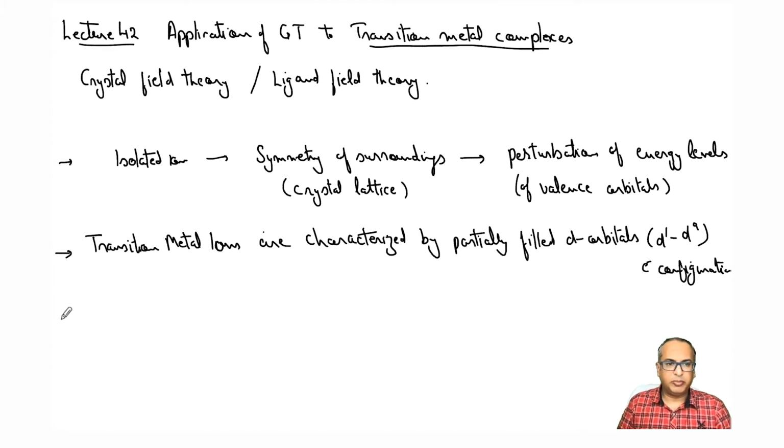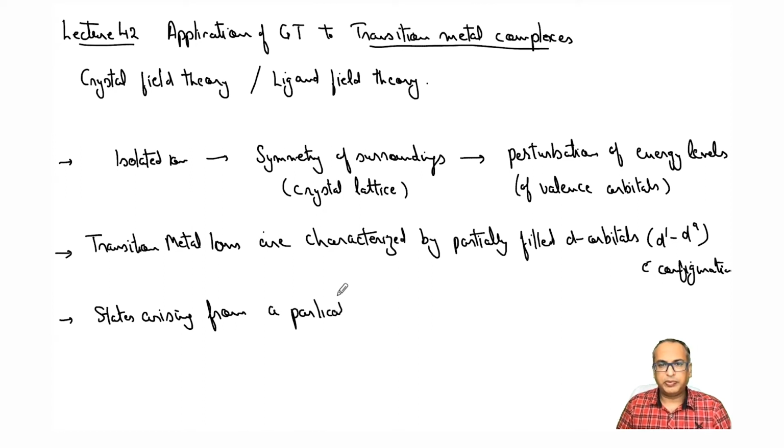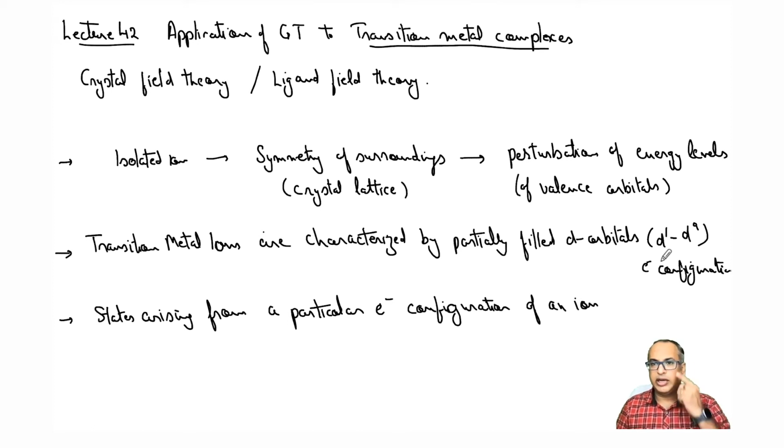Okay, so these are the different points of crystal field theory. We can say states arising from a particular electronic configuration of an ion. It can be from d1 to d9 anywhere, right?